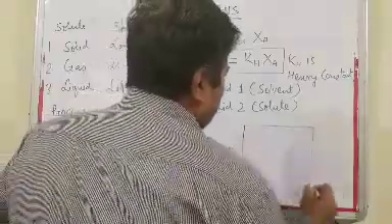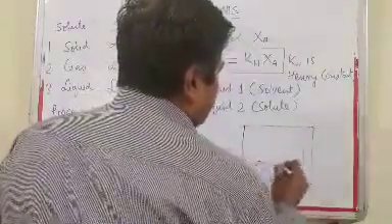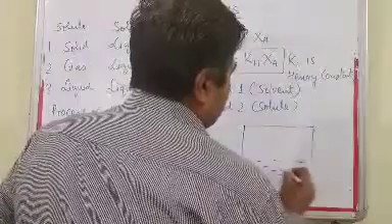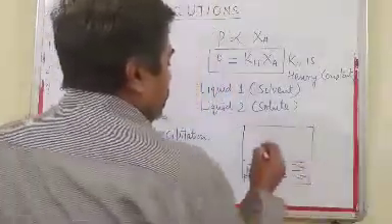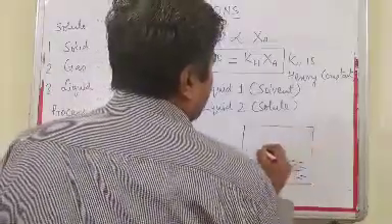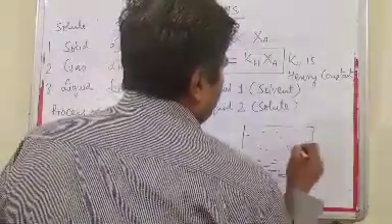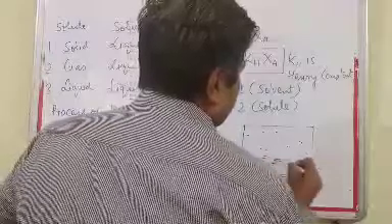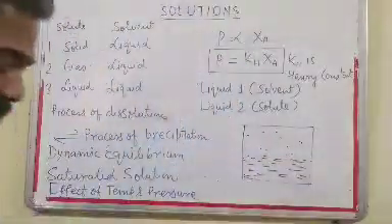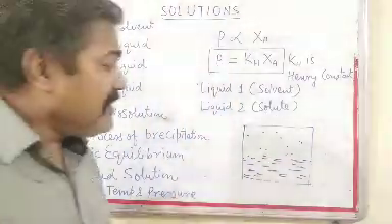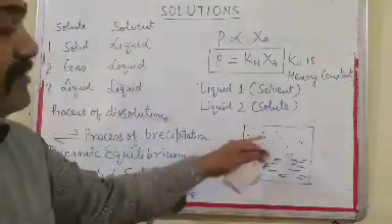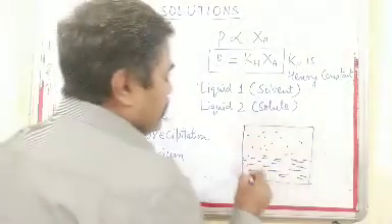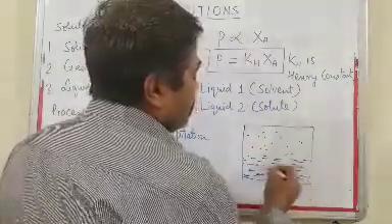Suppose this is the container and in this some solvent is filled and some amount of gas is also filled. So in this type of solution there are two layers. The upper layer is formed by the gaseous solute and the lower layer is formed by the liquid solvent.